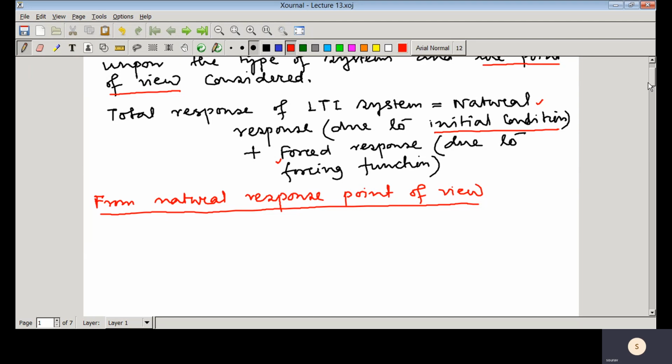So you would say that the system is stable in the natural response framework if the response approaches 0 as t tends to infinity.